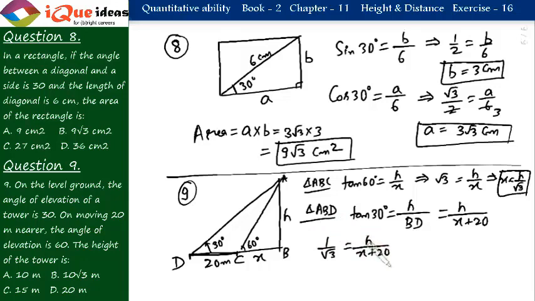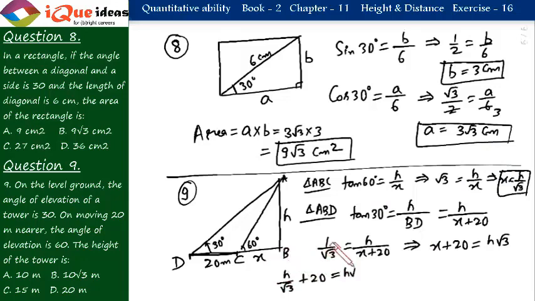If you cross multiply, you will get X plus 20 equal to H root 3. Now X we have already calculated as H by root 3. So put it in this equation, you will get H by root 3 plus 20 equal to H root 3.